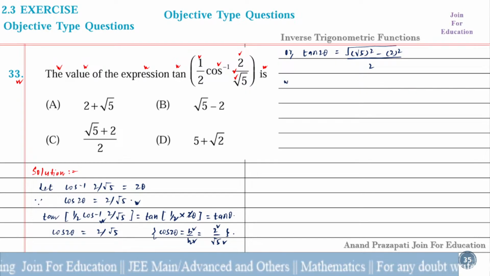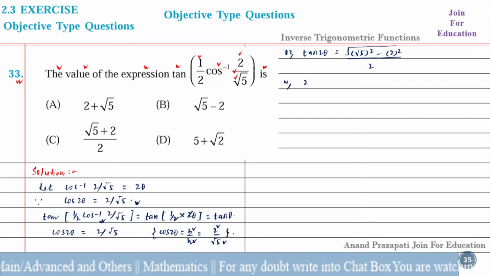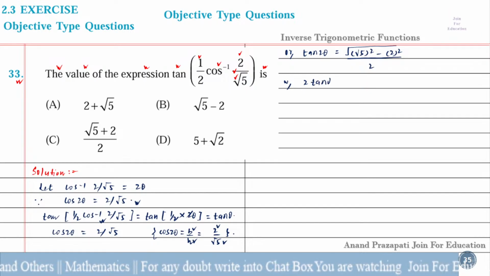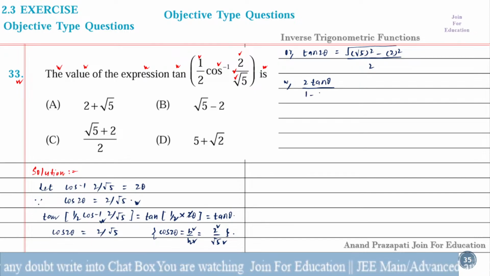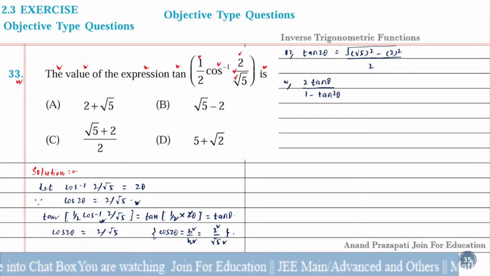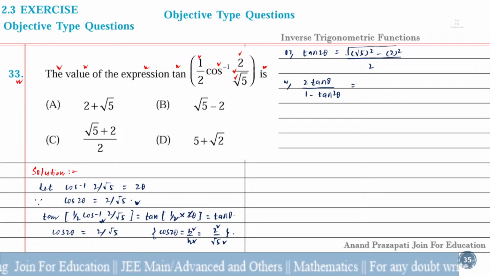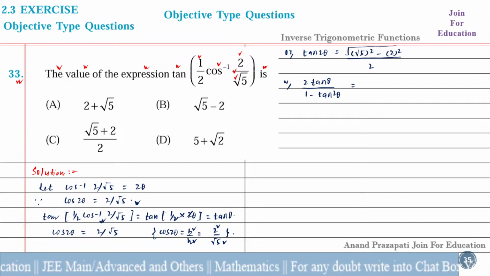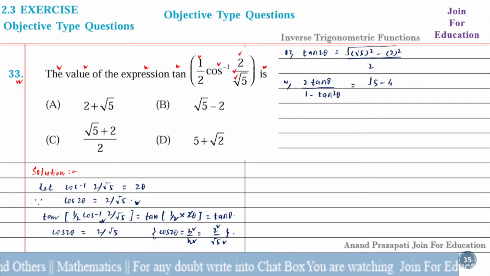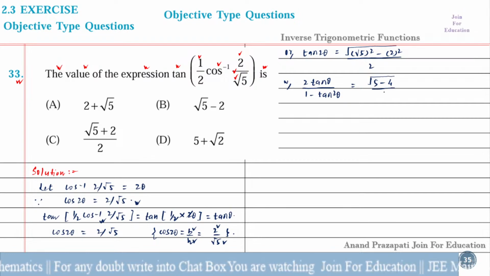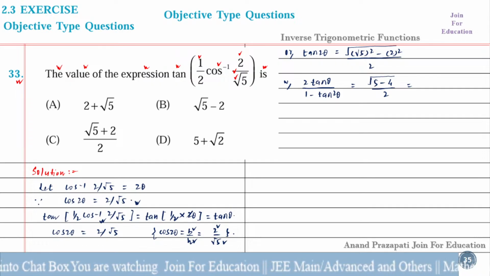So we know that tan 2 theta equal to 2 tan theta by 1 minus tan square theta equal to, we write down here, square root of 5 square, equal to 5, minus square of 2, which is 4, all over 2. 5 minus 4 equal to 1, and square root of 1 is 1.